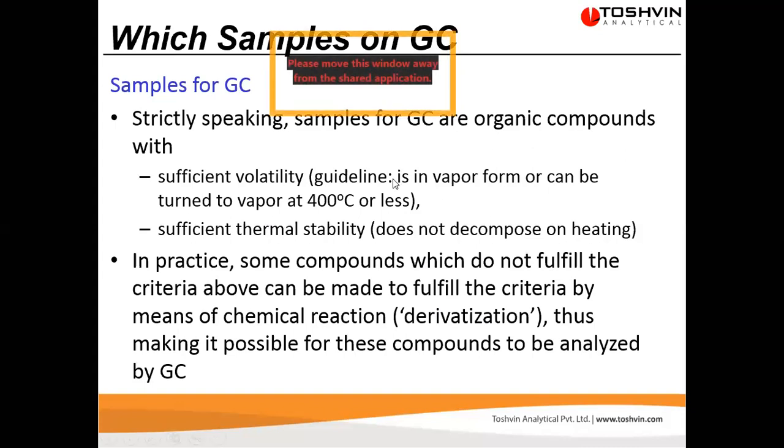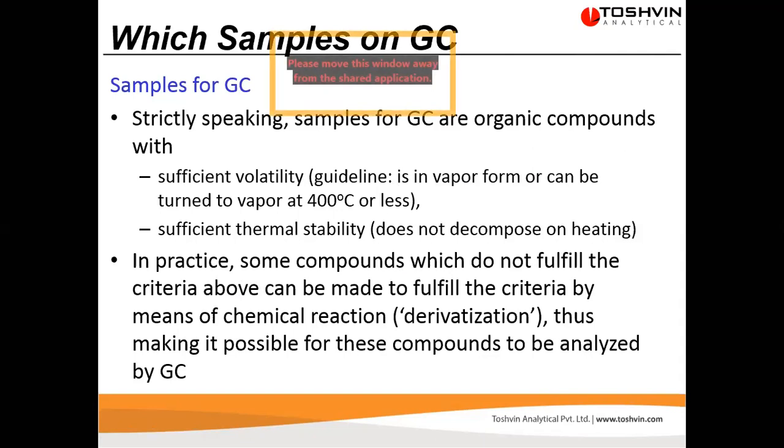As I told you, the most important criterion for samples in GC is that they should be volatile. But then what about non-volatile samples? There is a way which we call derivatization. We can derivatize a non-volatile compound and make it volatile.